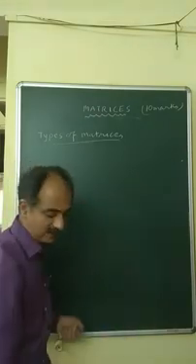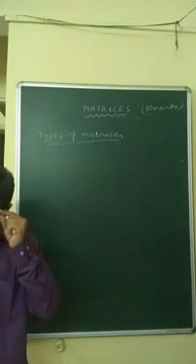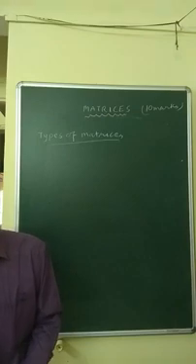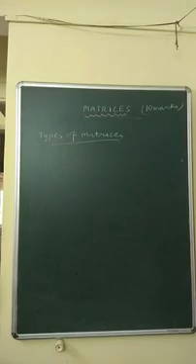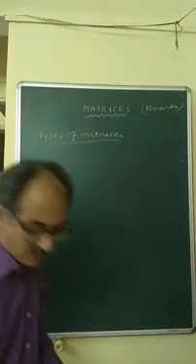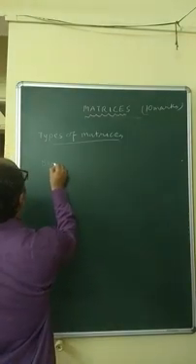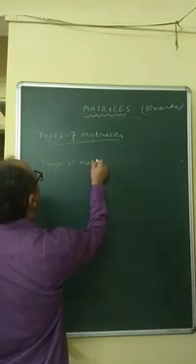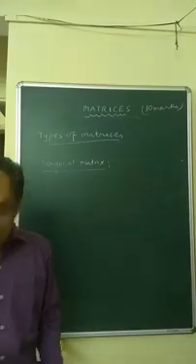So that is one of the types of matrix. We have seen row matrix, column matrix, zero matrix, square matrix. Now one more matrix, and that is the diagonal matrix. What is the definition of a diagonal matrix?